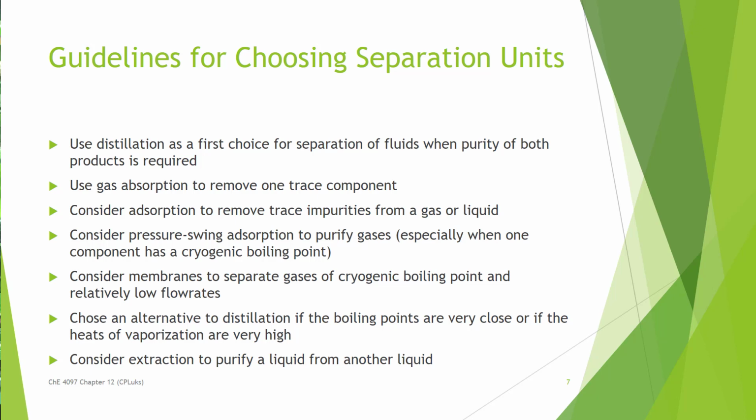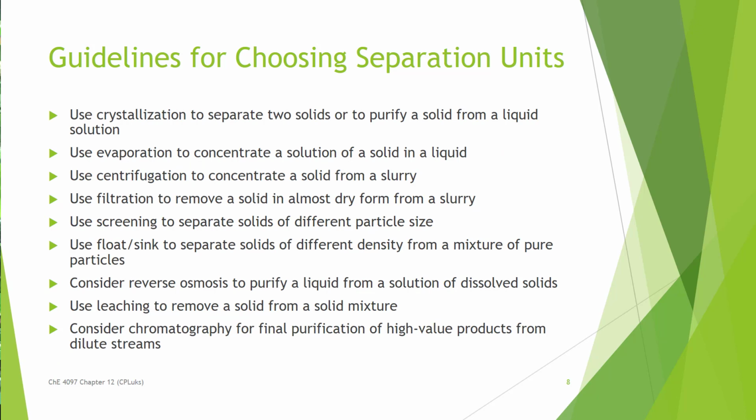Extraction is a good choice if we have a liquid that we want to purify from another liquid and can separate into two liquid phases. Crystallization is useful when we're trying to separate two solids or purifying a solid out of a liquid solution that can be crystallized. Evaporation is a way of concentrating a solution of a solid in a liquid so that we have a higher composition yet still have that solution.